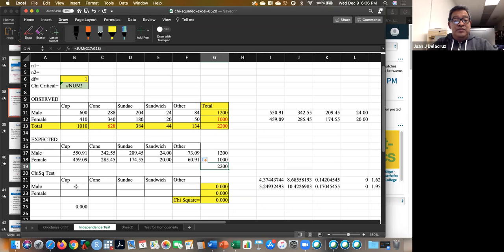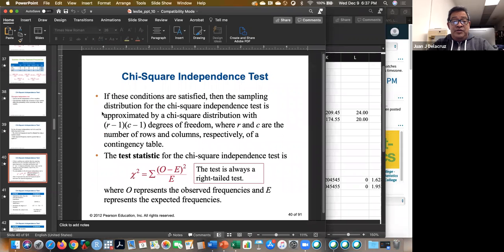I'm going to do this for every single one, and at the end I add them and find the chi-square. Exactly the same idea. In this case, rather than having two columns, we have two different sets of data that we have to compare. Once again, this is the formula: observed minus expected squared divided by the expected, and that is the summatory of all of them.